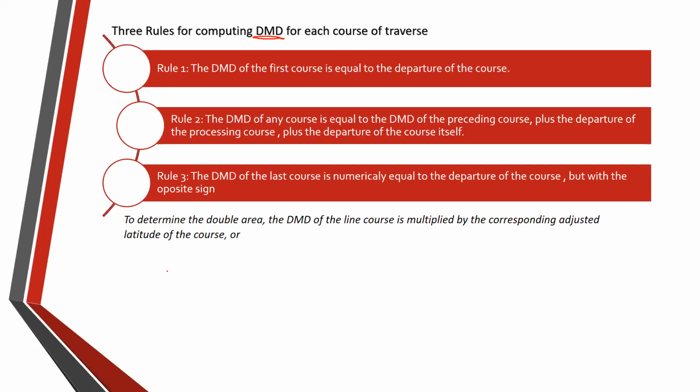So let's say meron tayong course AB dito, kung ano yung adjusted departure ng AB natin, that is also equal to our DMD. And it is only applicable for the first course, which is our AB. Okay? Let's say 70 ito yung departure dito, yung DMD dito is also 70.